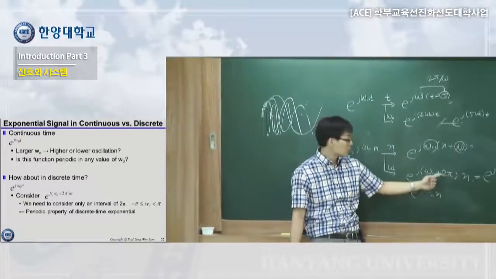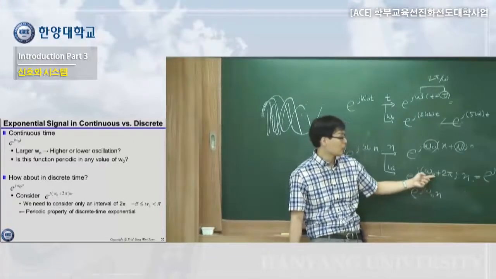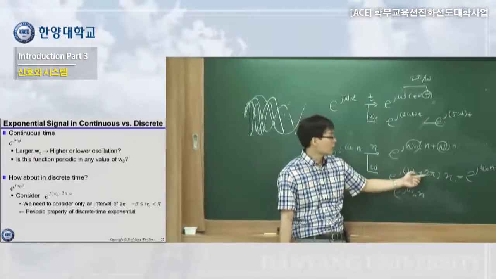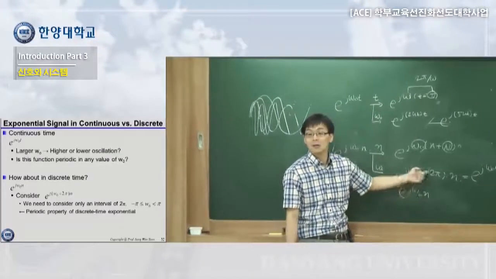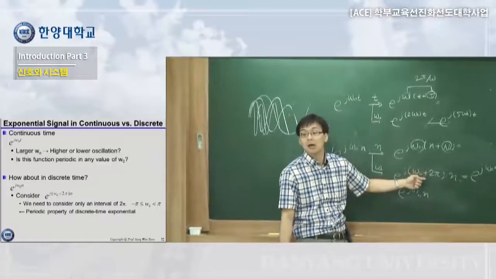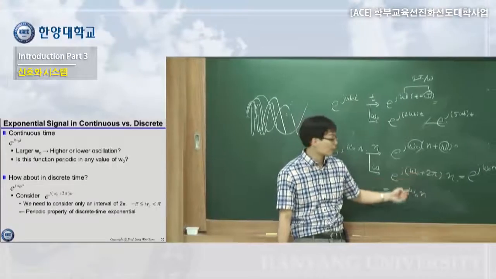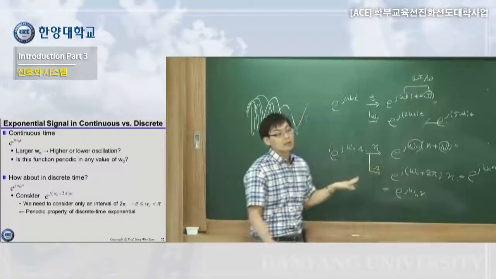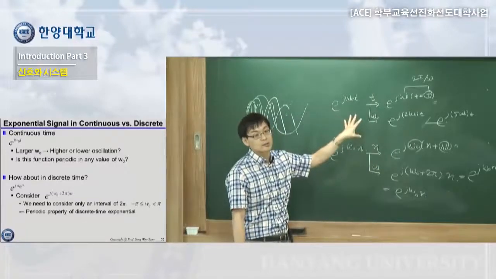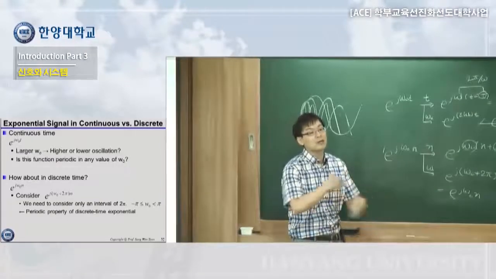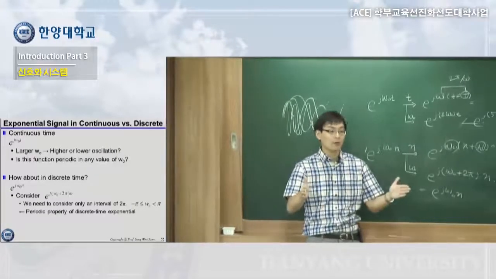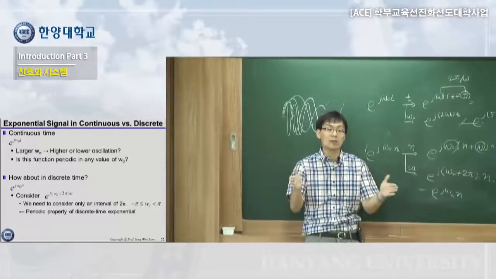What it says now is, even though we increase the frequency, it will be the same as the lower frequency value. Omega_0 plus 2 pi versus omega_0. They are different frequencies. This is a higher frequency. However, the actual signal will be the same, meaning that in case of discrete time, different from continuous time, they have a repeating frequency.